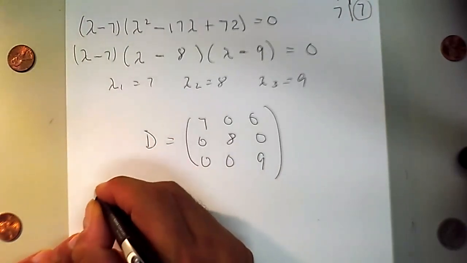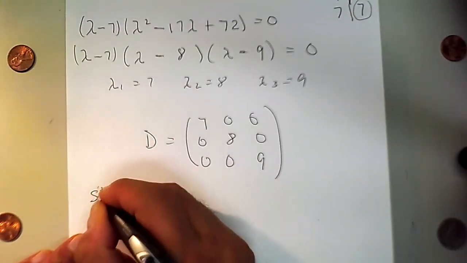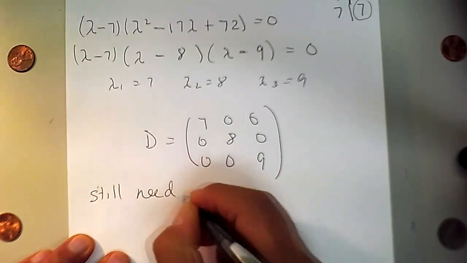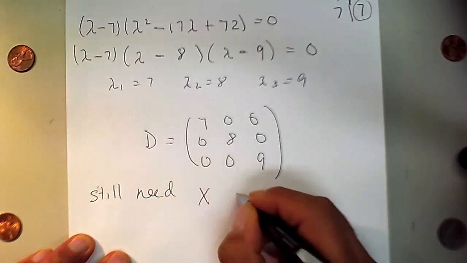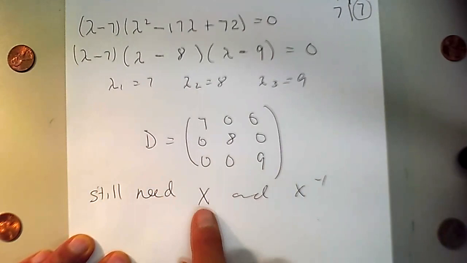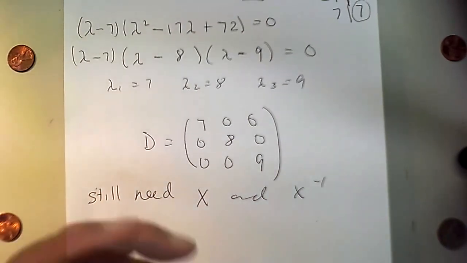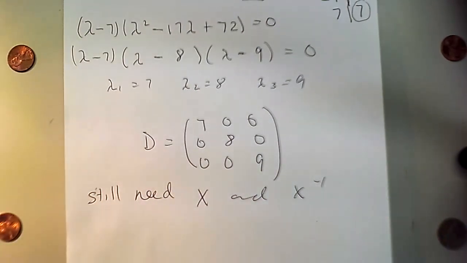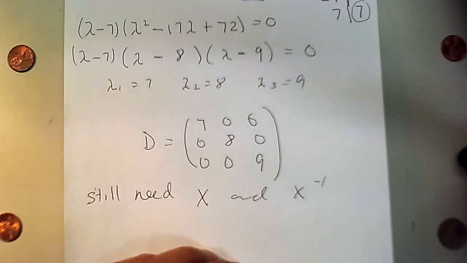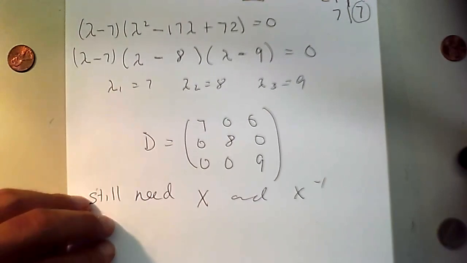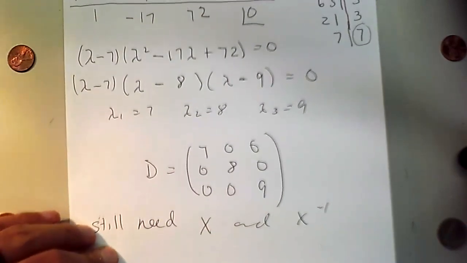To be found, we still need X and the inverse. But of course, if you know X, then the inverse is easier. You know how to use the Gauss-Jordan elimination method to find the inverse. Okay. So put that on the back burner.